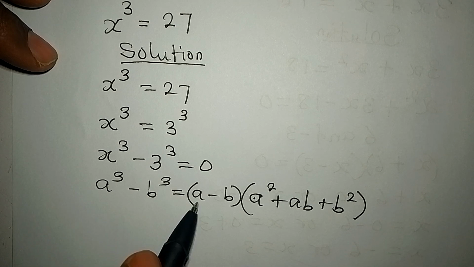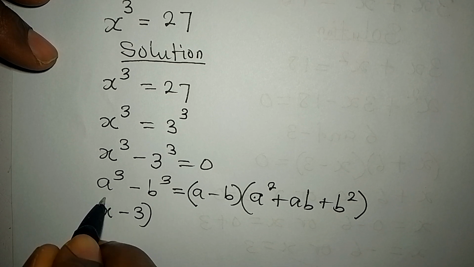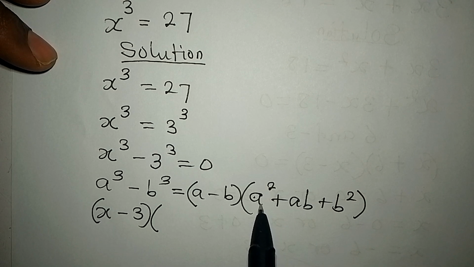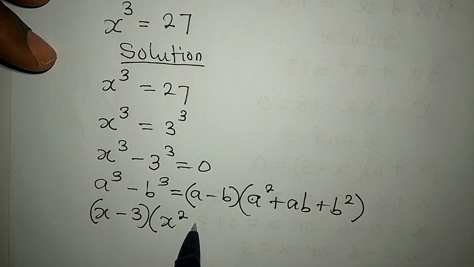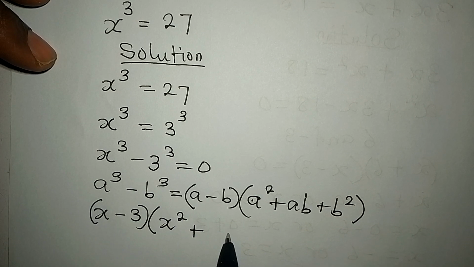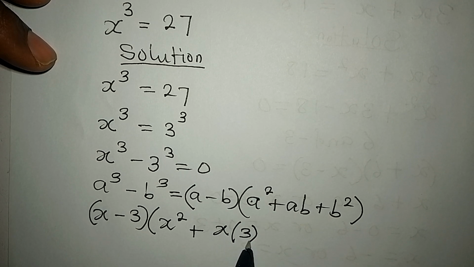So that in place of a minus b, we'll be having x minus 3. Close it. Then in place of a squared, that will be x squared. Then plus ab will now be x times 3.